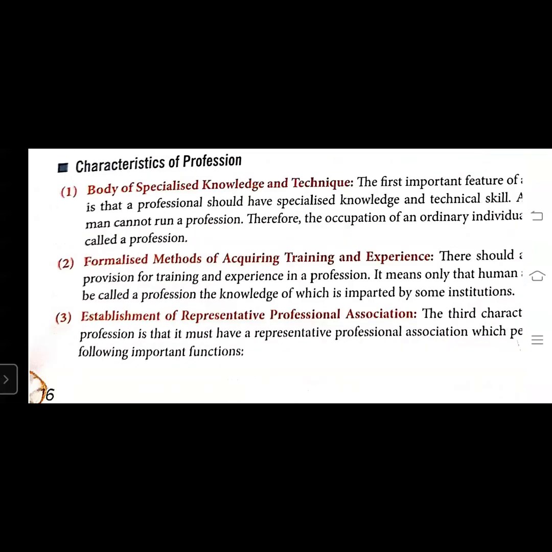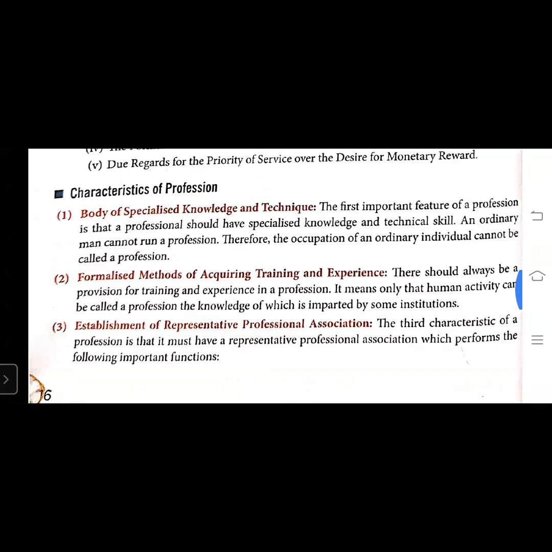First one is the body of specialized knowledge and technique. So students, every profession has a systematized body of knowledge which can be learned through instructions. The first important feature of a profession is that a professional should have specialized knowledge and technical skill. So an ordinary man cannot run a profession.